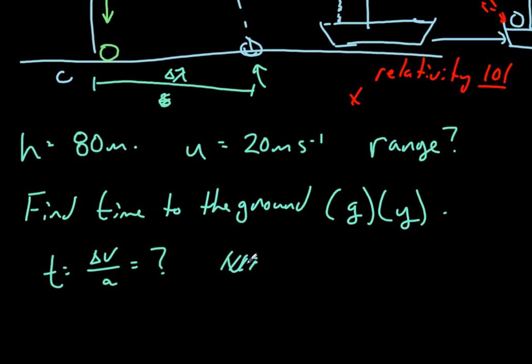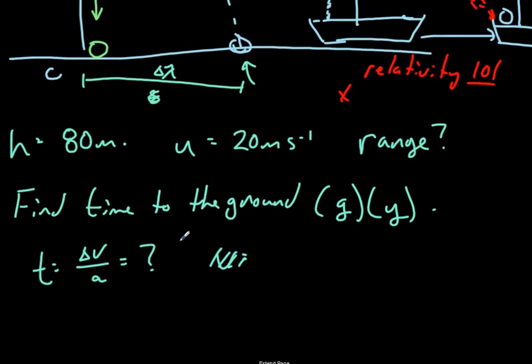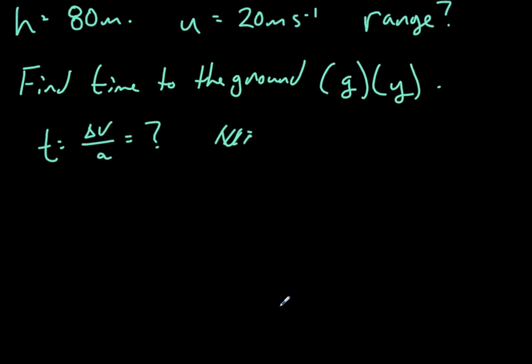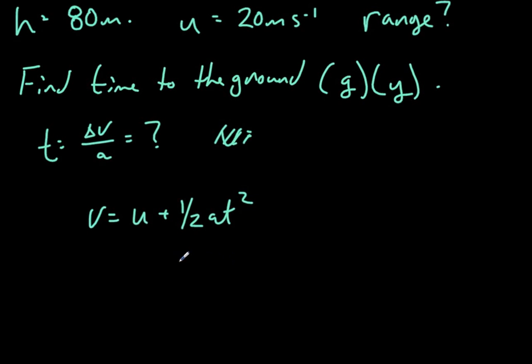I guess we could use energy, but if we get to a more complicated problem, we should be using kinematics for this. Well, v should be equal to, we have that formula, right? And we also have this formula.